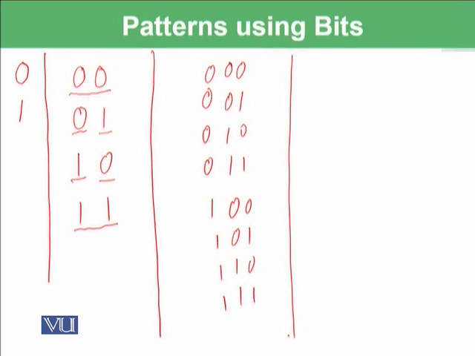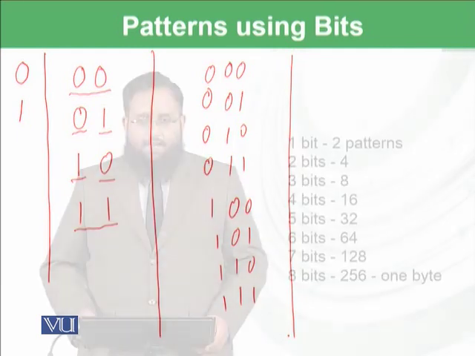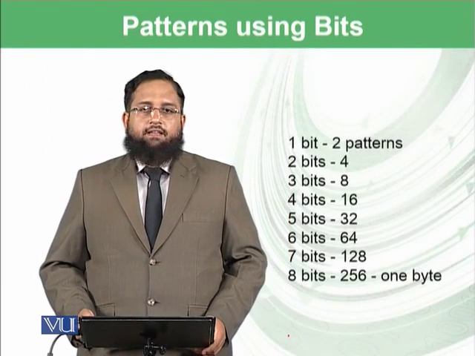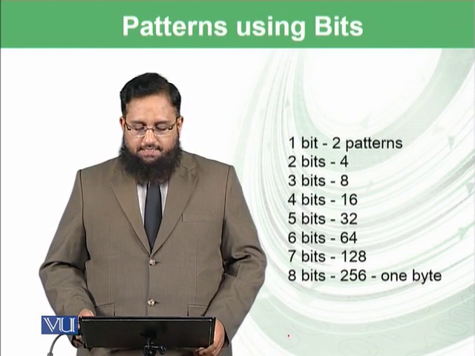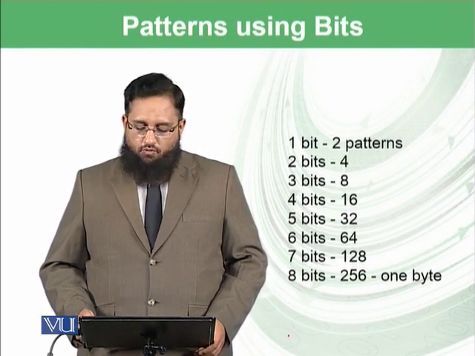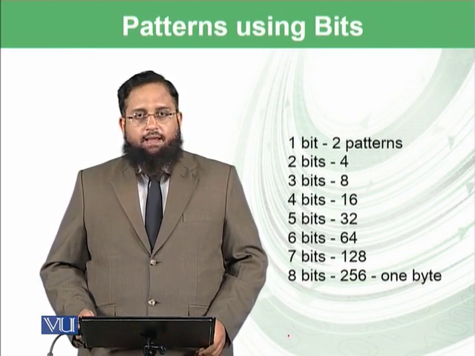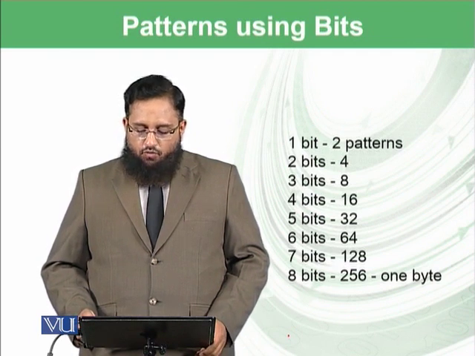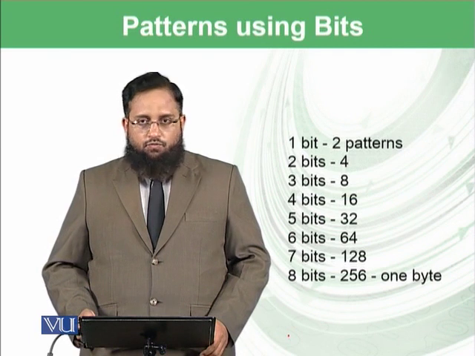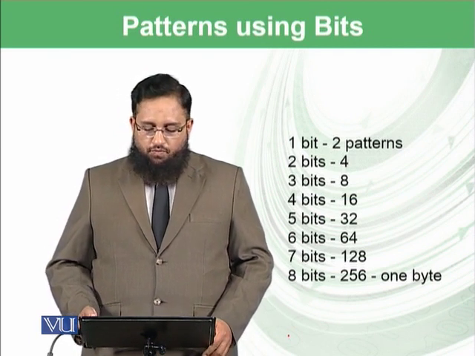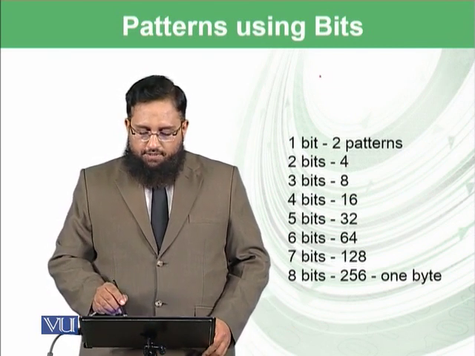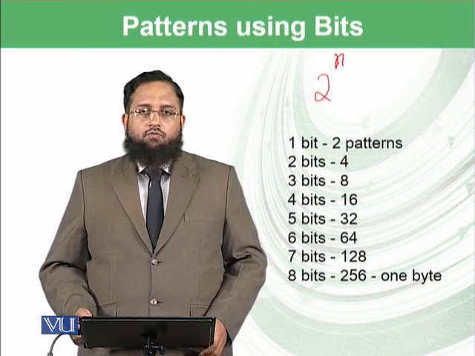Now if we conclude all of this, we can see that 1 bit can form 2 patterns, 2 bits can form 4 patterns, 3 bits can form 8 patterns, 4 bits 16, 5 bits 32, 6 bits 64. Normally it will become 2 raised to power n, where n is the number of bits.